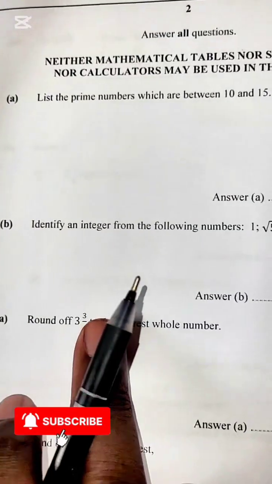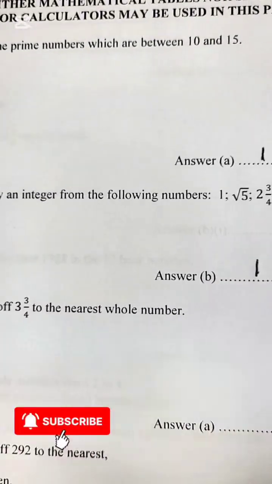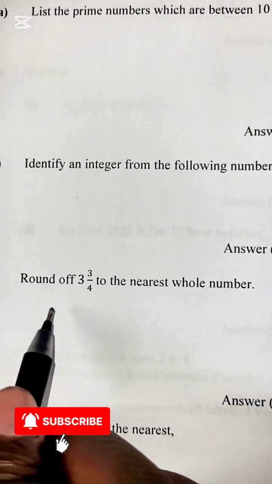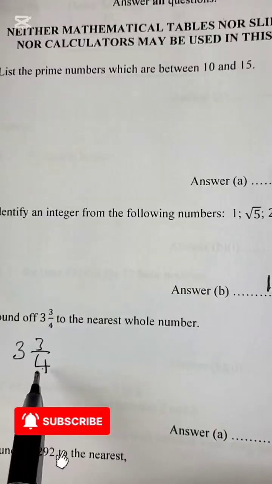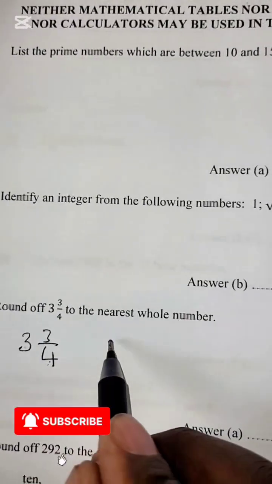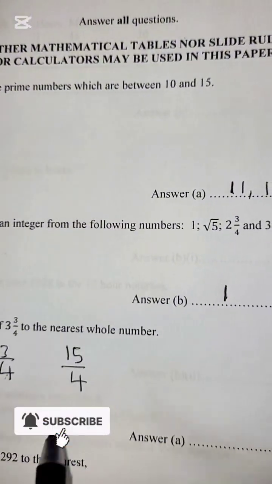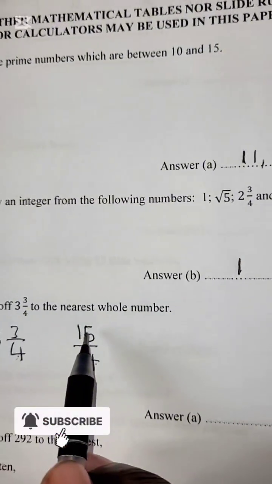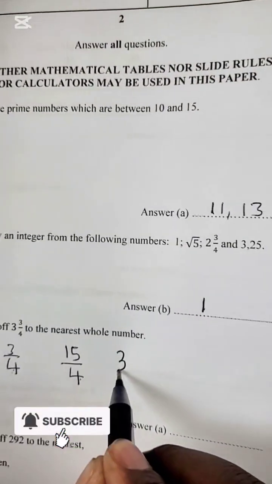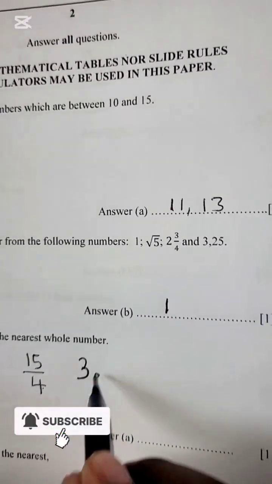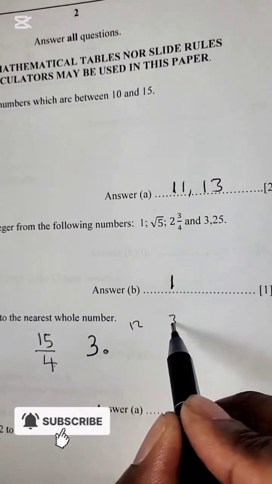So round off 3 and 3 quarters to the nearest whole number. The first stage right here, 3 and 3 over 4: 3 times 4 is 12, 12 plus 3, you get 15. 15 over 4. So 4 into 15, that's 12, you get 3 remainder 3.